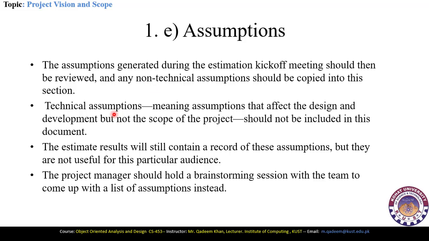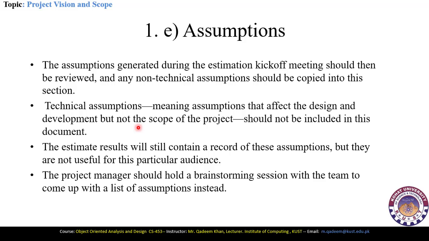Now, technical assumptions, meaning assumptions which can affect the design and development but not the scope of the project, should not be included in these documents. They cannot be part of the project vision and scope document.